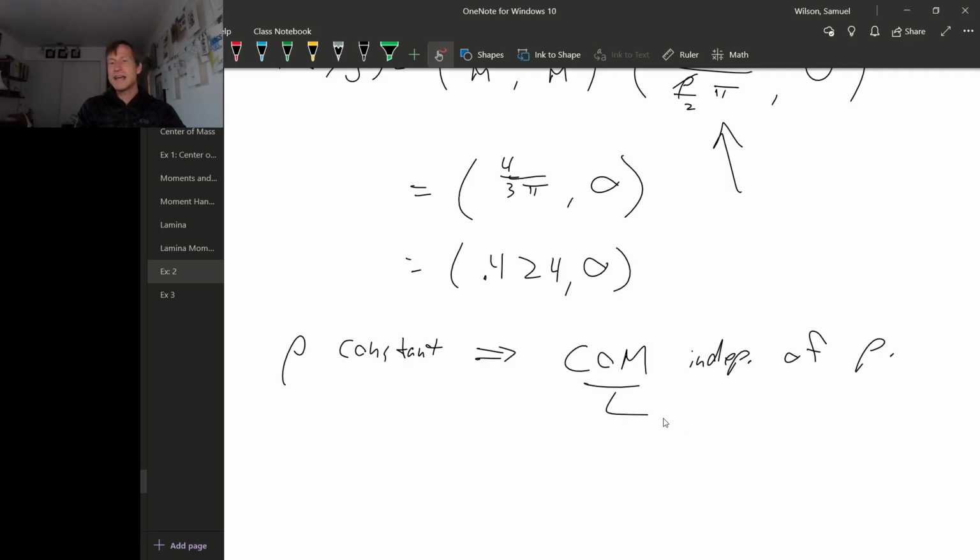In that case, the center of mass is also called the centroid. So the centroid is just the center of mass if rho is constant, or equivalently if rho is 1. If any constant gives you the same center of mass, you might as well let the constant be 1. So if your density is constant, you'll often see the center of mass called the centroid instead.